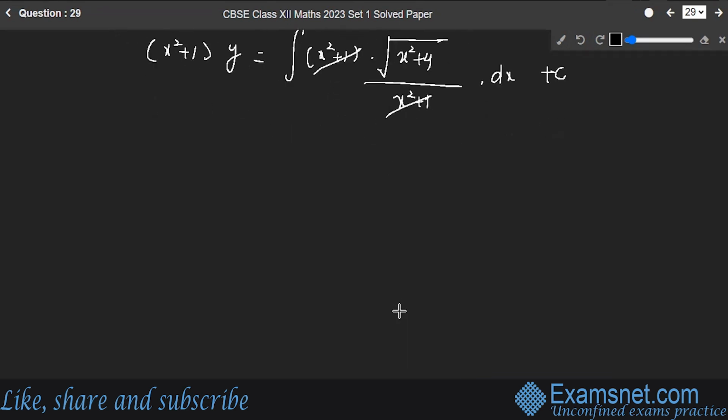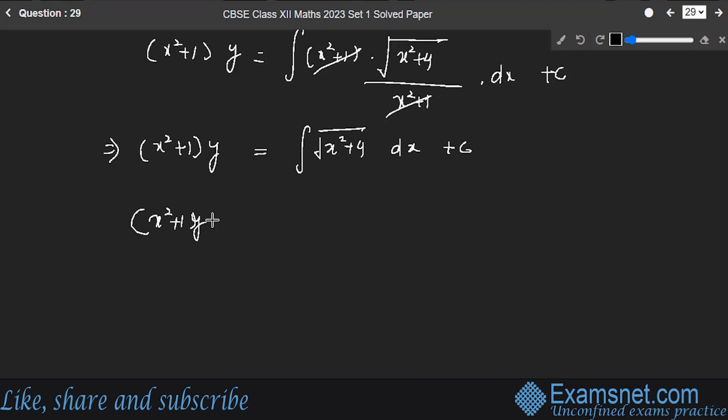This will cancel and you will have x squared plus 1 into y is equal to integral of root of x squared plus 4 dx plus c. So x squared plus 1 y is equal to, this can be written as integral of root of x squared plus 2 squared dx plus c. See, now when you're having x squared plus 2 squared, this is having a general formula.